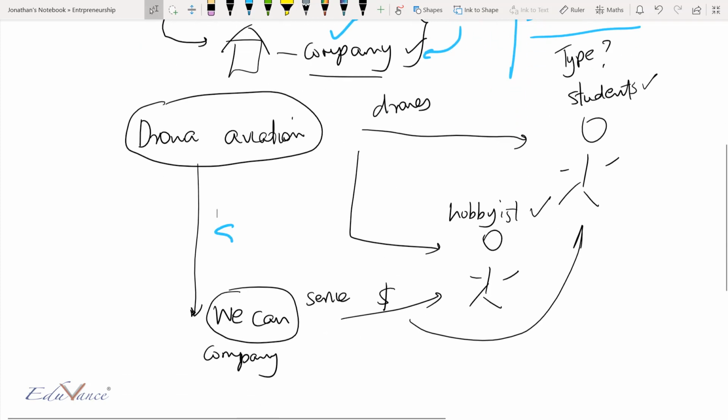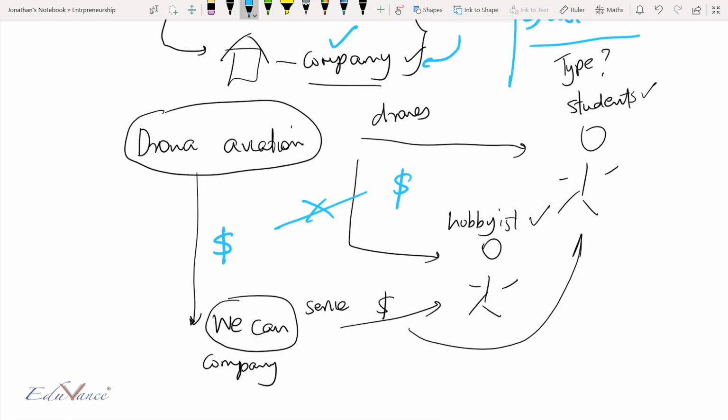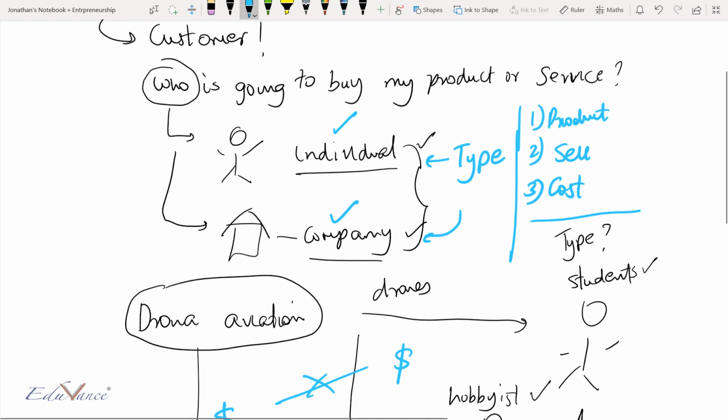The price at which Drona would sell the drones to VCAN, the name of the company, versus Drona selling drones to a student or a hobbyist, these price points or costs will be different. They won't be the same. So, as a company, you need to understand who your customer is.